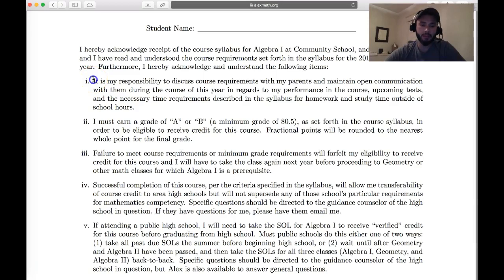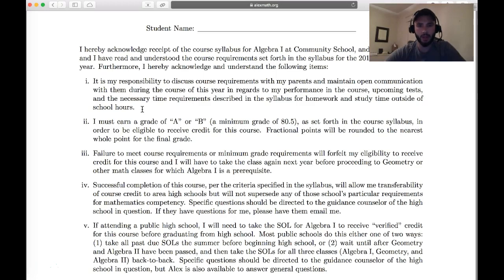I find this important, especially for people taking graded classes for the first time. The requirements are mandatory. You cannot choose in or out, or do some of this and some of that. It is what it is. It's very black and white. You need to maintain an open conversation with your parents about how you're doing, how your assignments have been, and what your grades are.